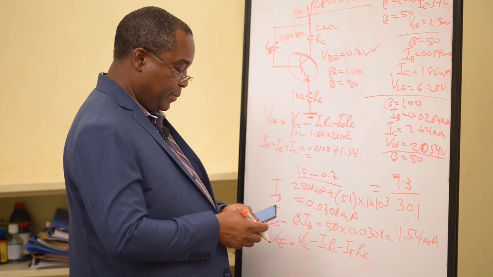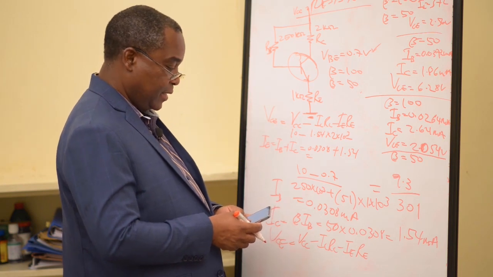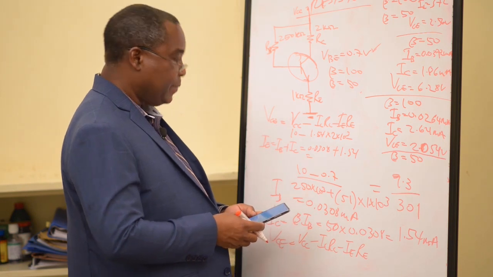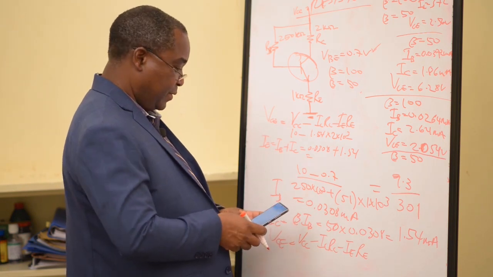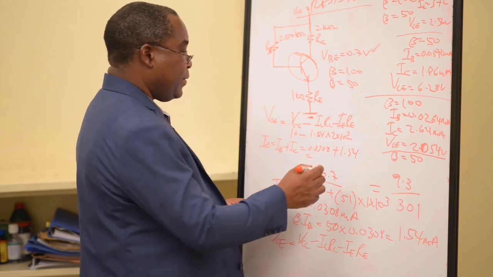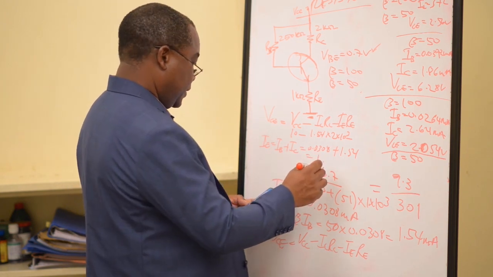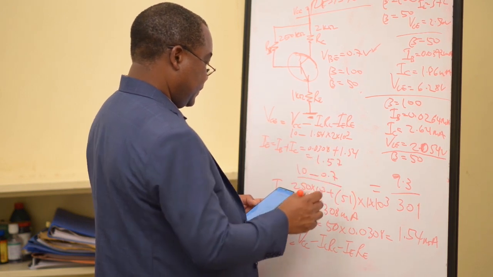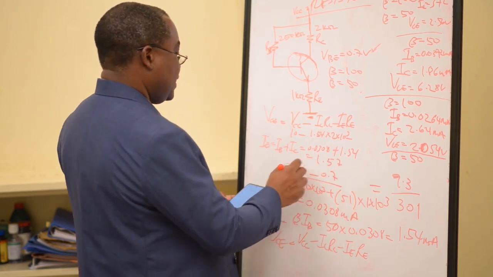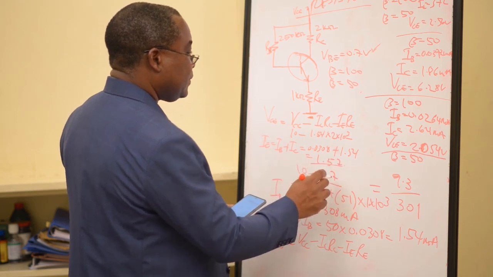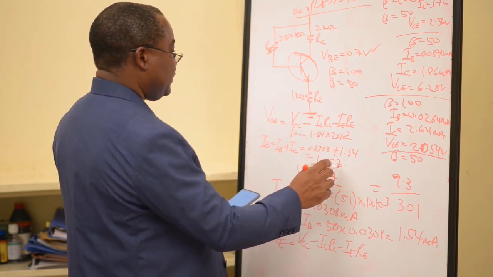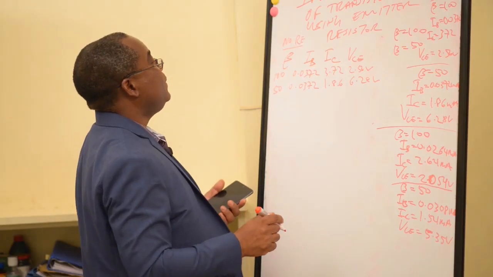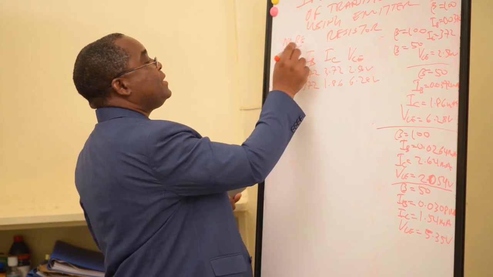Again, simple algebra, you can use a calculator. 0.0308 plus 1.54, we have here 1.57. This is our IE, 1.57 milliampere. So this is at no emitter resistor.